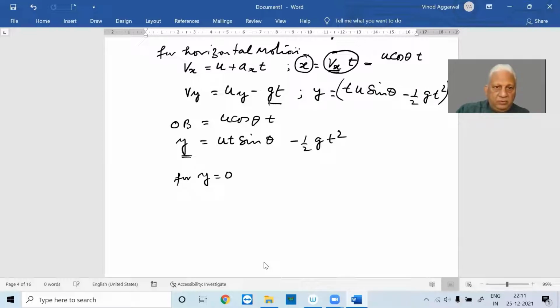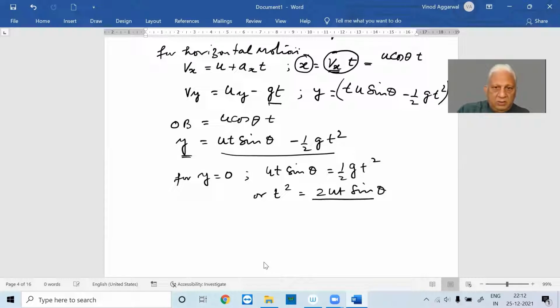For y equal to 0, if this is 0, then what happens is u t sin theta is equal to half g t square, or t square is equal to 2 u t sin theta by g, or t is equal to, this gets cancelled, 2u sin theta divided by g.